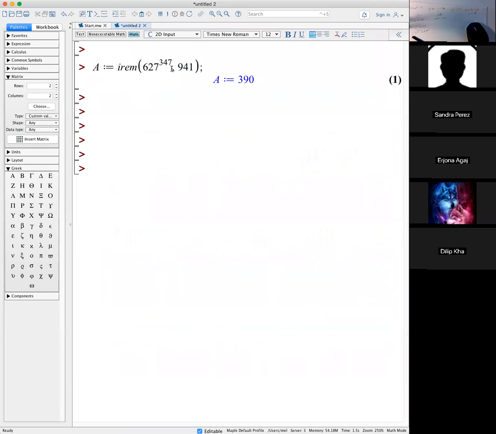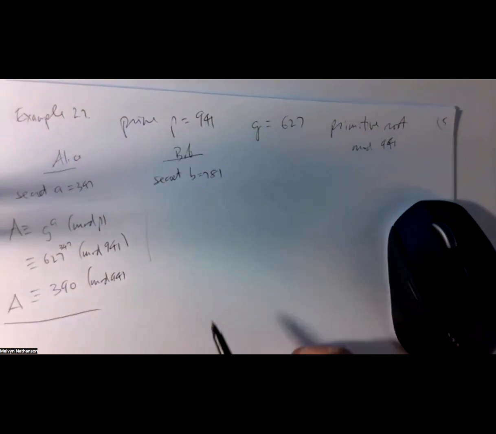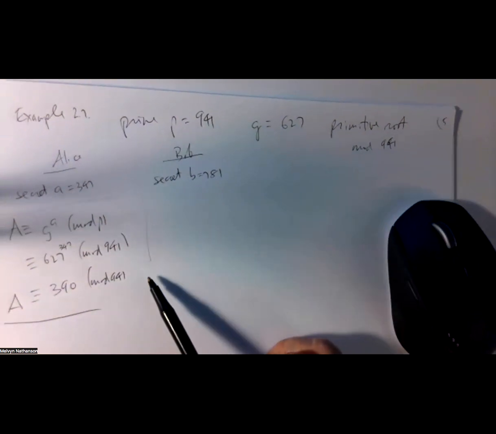Huh. So according to this, A is 390. So A is 390, right? That's exactly what the book said, and it's correct.